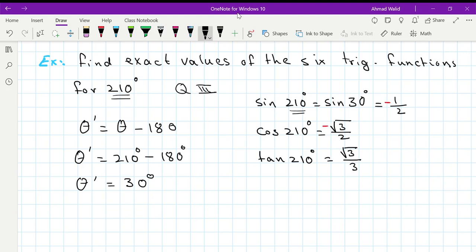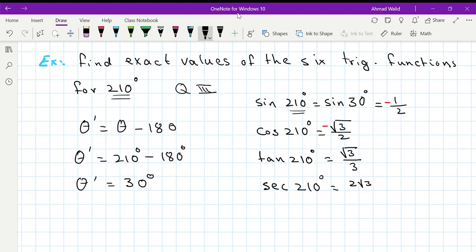Hopefully, you review the other lectures that we already did. Now, secant of 210 equals the secant of 30 degrees, and of course we will fix the sign. Secant of 30 degrees is 2 radical 3 over 3.